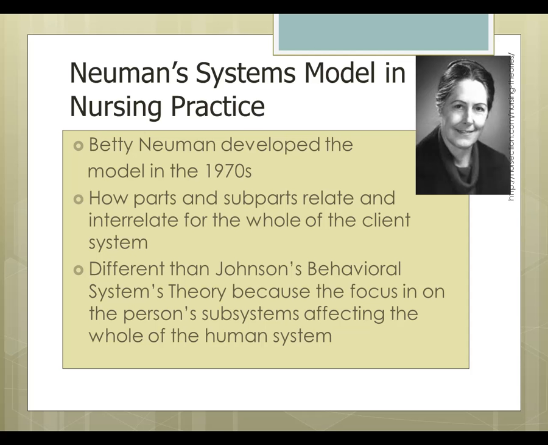What Neuman says is that the subsystems are out of alignment or out of sync, or something is going on within them, and that it is affecting the whole system, and that in order to make the whole system healthy, each one of those subsystems may need to be realigned. Okay.